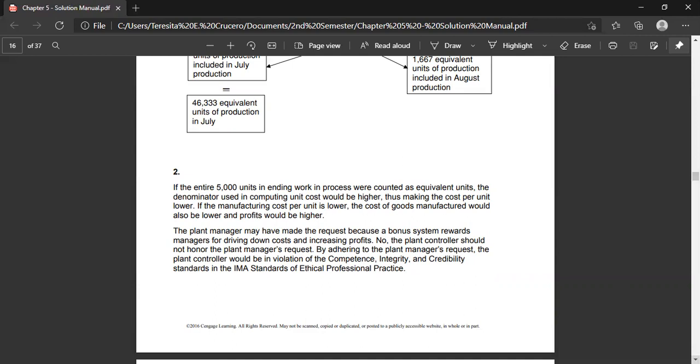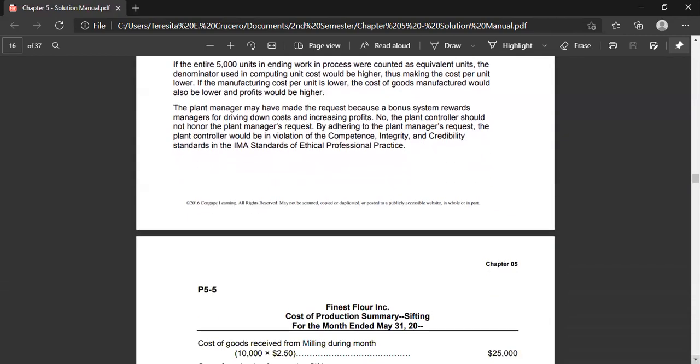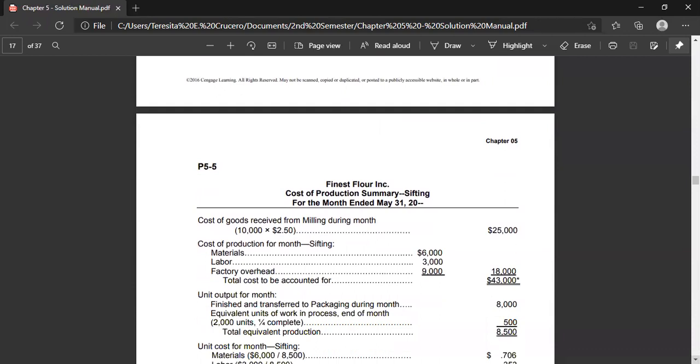We have 5-5. Okay, we continue with 5-5. The problem is asking to prepare a cost production summary for shifting for the month ended May 31. Round unit cost to 3 decimal places and totals to the nearest whole number.